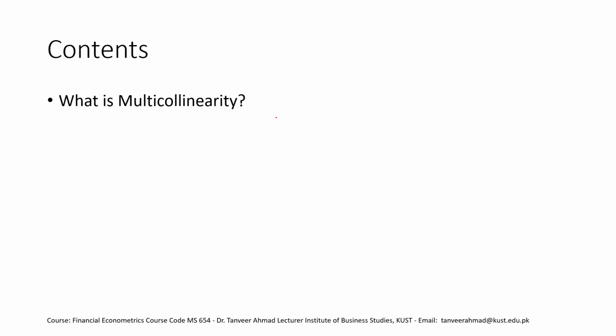One of the assumptions was multicollinearity. If you haven't watched that lecture, I would recommend that you go back and first get the basic idea, because we are not going to cover that idea here. We are going to delve deeper into this concept.